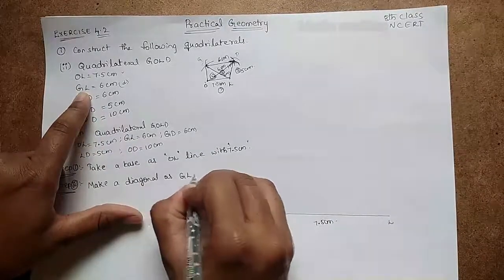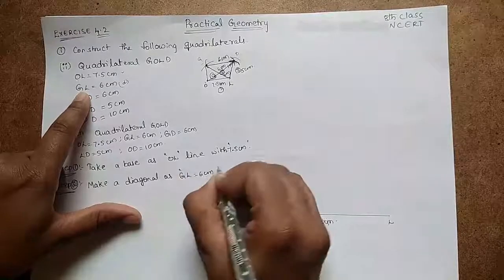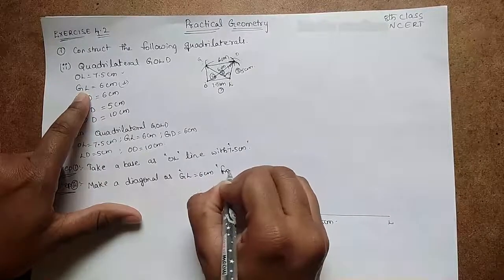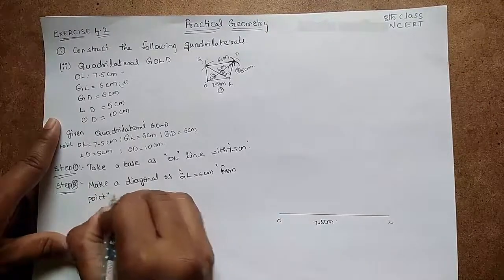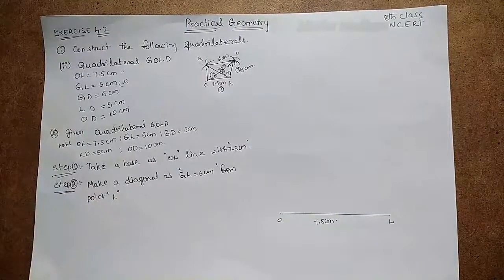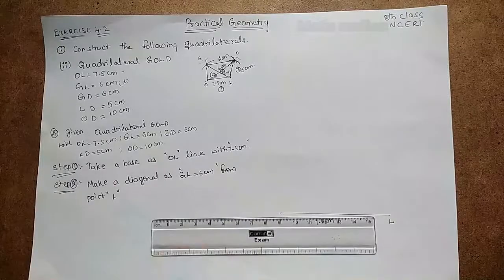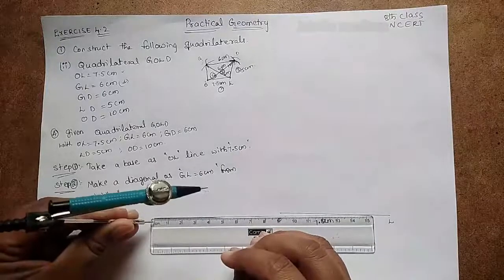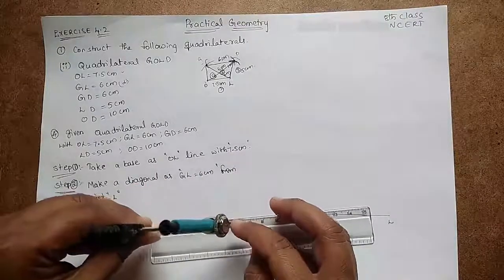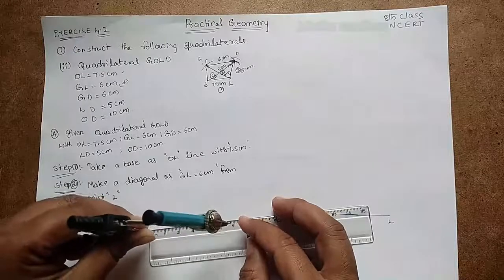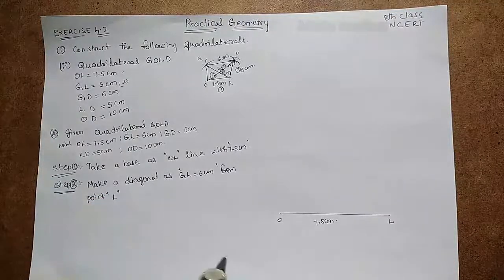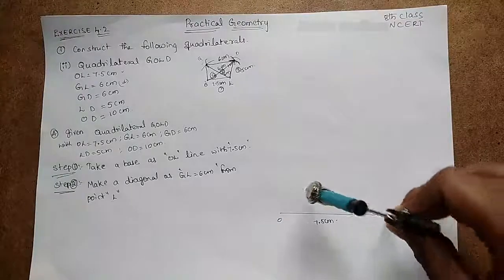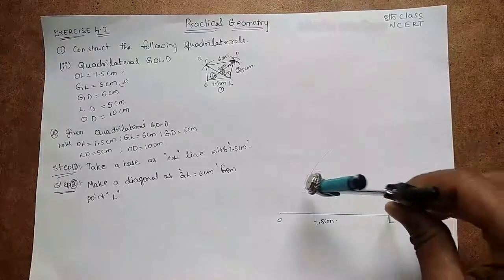As GL is equal to 6 centimeters, from point L take 6 centimeters. Make sure the zero is at L and that it is 6. So make an arc from L like this.